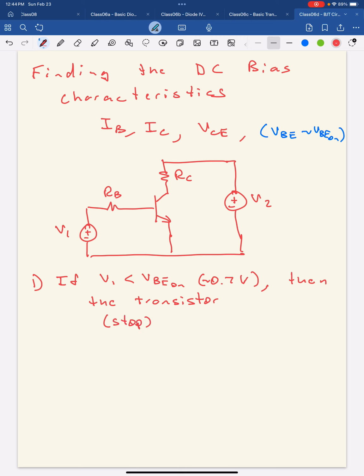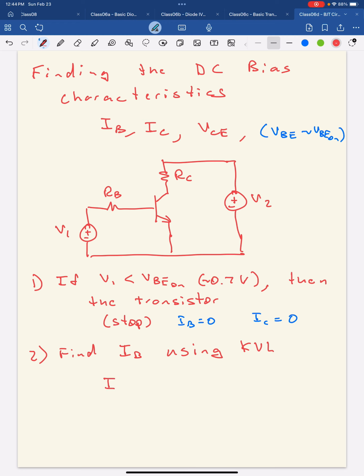The base current and the collector current are zero. IB equals zero. IC equals zero. VC is not zero, but again, that goes to digital electronics, which we'll do a little bit later in the semester. So step two, if we didn't stop, we go on to step two. We find IB, and we had some discussion of that in the last class using KVL, Kirchhoff's voltage law.